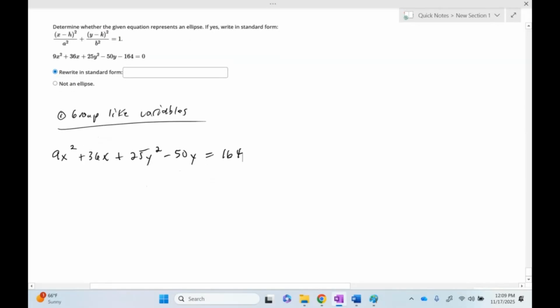So the next thing I'm going to do is force a coefficient of 1 for the square terms.